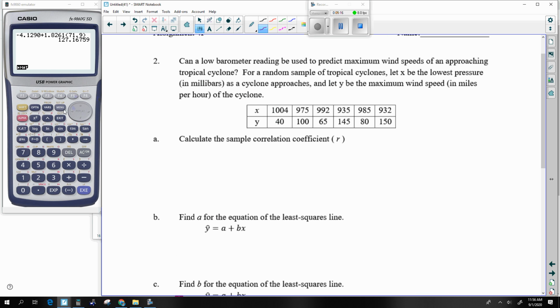Okay, same idea with number 2. R in this situation comes out to be negative 0.9897.